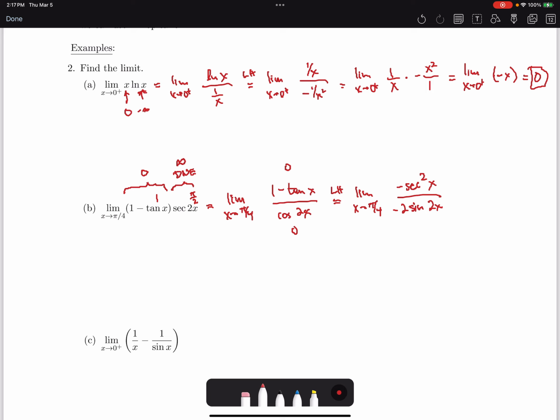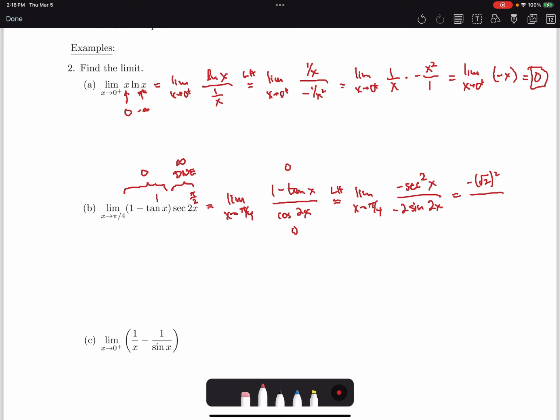So secant pi over 4, let's see. Secant is 1 over cosine, and I know that cosine of pi over 4 is root 2 over 2, or in other words, just 1 over root 2. So that means secant of pi over 4 should just be square root of 2. Okay, so this is going to be square root of 2 squared, and it's negative.